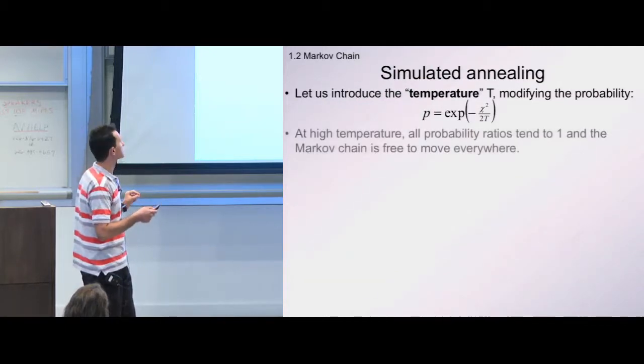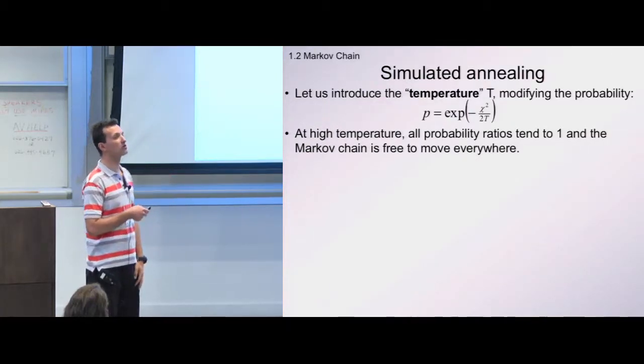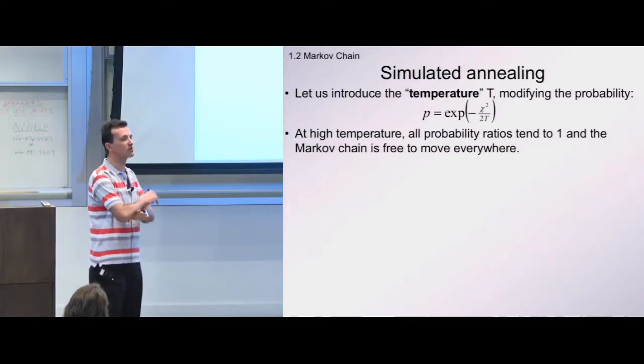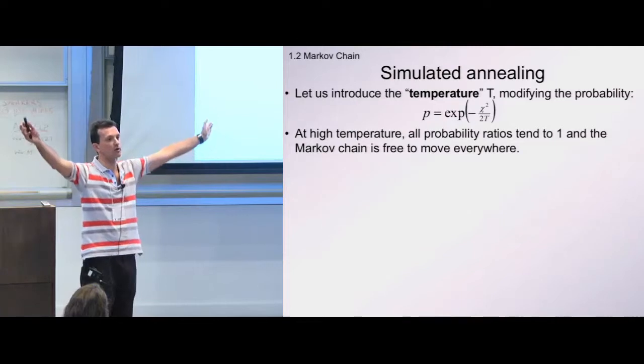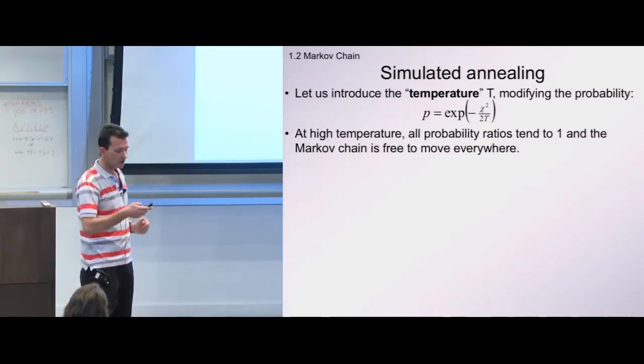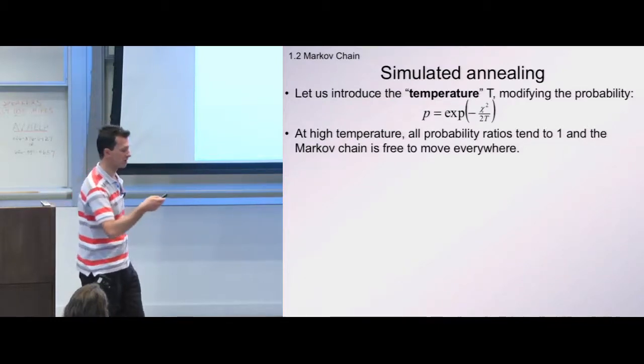And you can imagine that if your temperature is very, very high, then the argument of this exponential will go to 0. And so your probability will be 1 everywhere. That means that your Markov chain is free to move all around the parameter space. So at high temperature, you will explore a large portion of the parameter space.